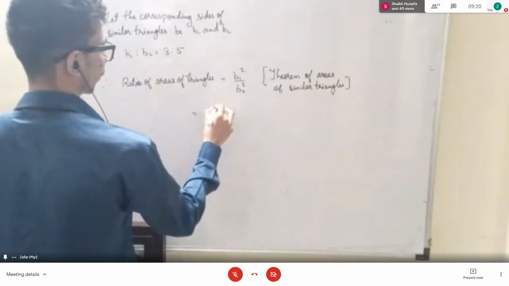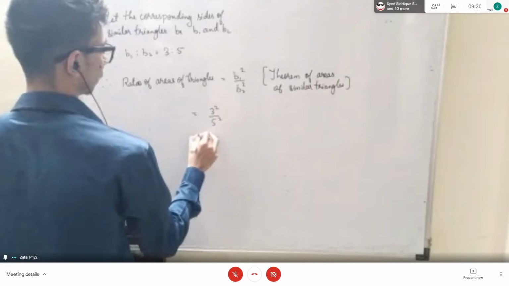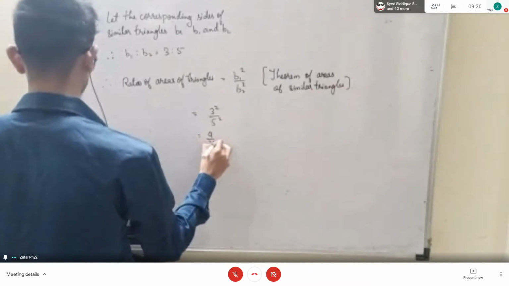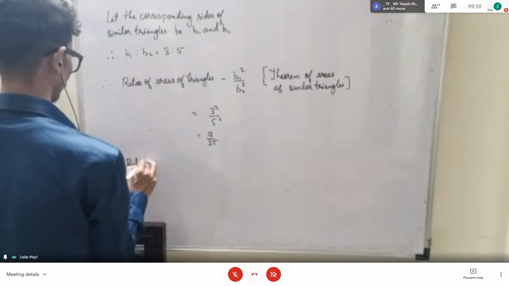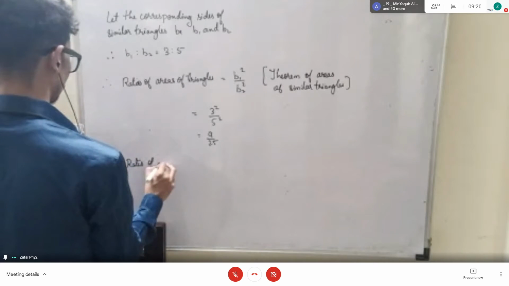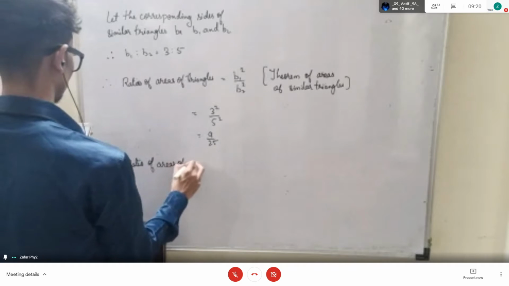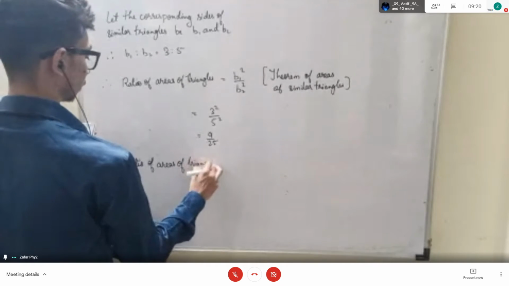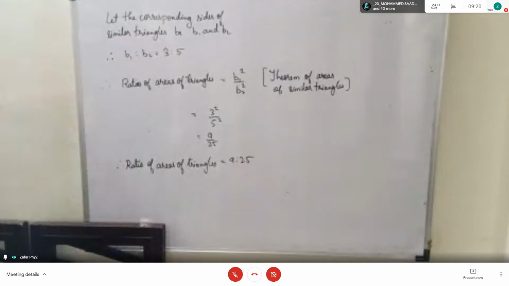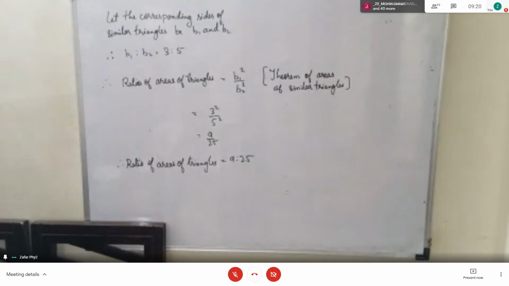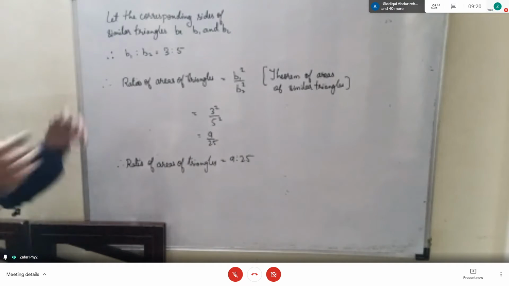So 3 square by 5 square, that is 9 by 25. Therefore ratio of areas is equal to 9:25. Question over. Question number 1.